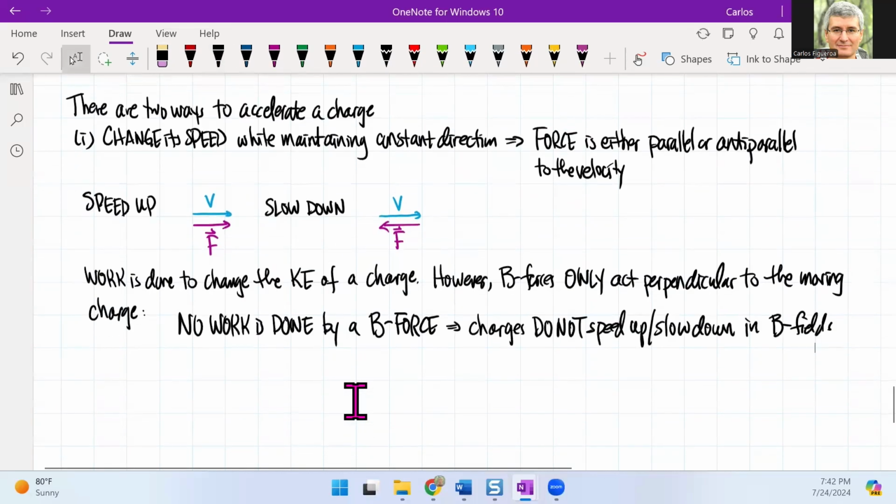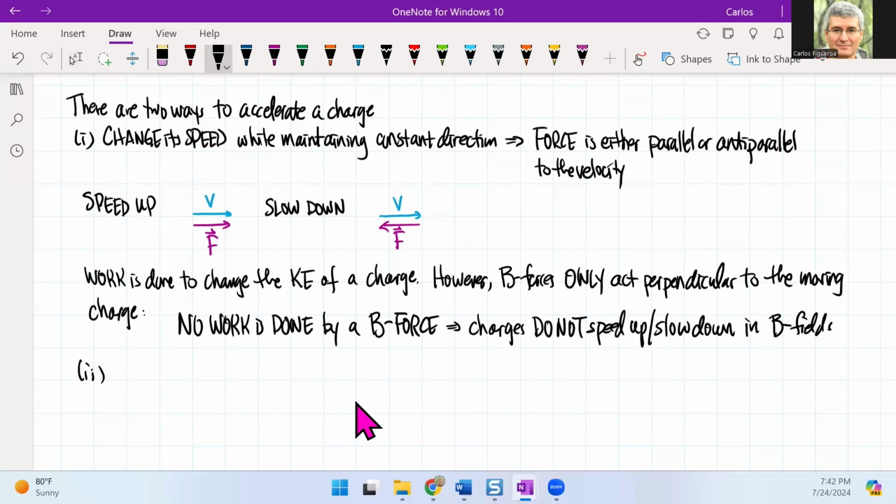So that brings us to our next situation here. You know what? I should box this because I think this is an important point.